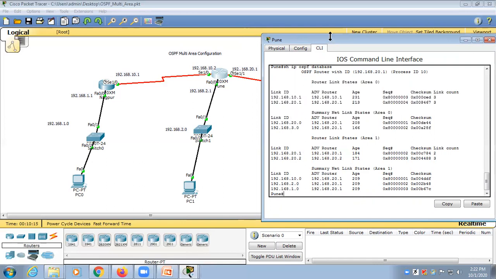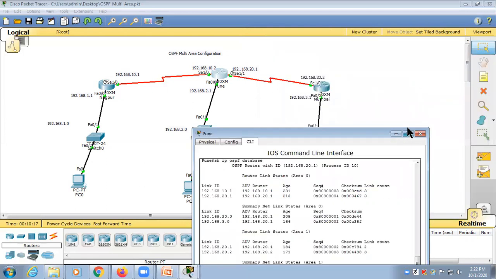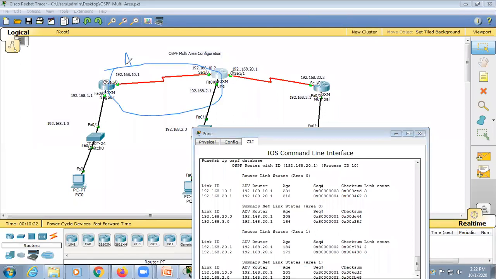I hope, guys, the multiple area concept is clear to you. In this multiple area setup, we kept the portion with 10.0, 2.0 and 1.0 in area 0, and the portion with 3.0 and 20.0 in area 1, and that's why it is showing inter area.